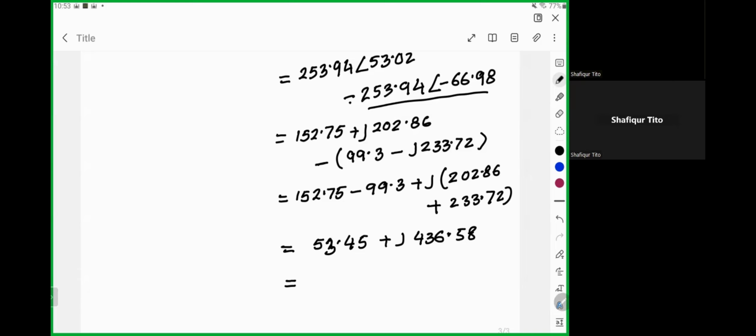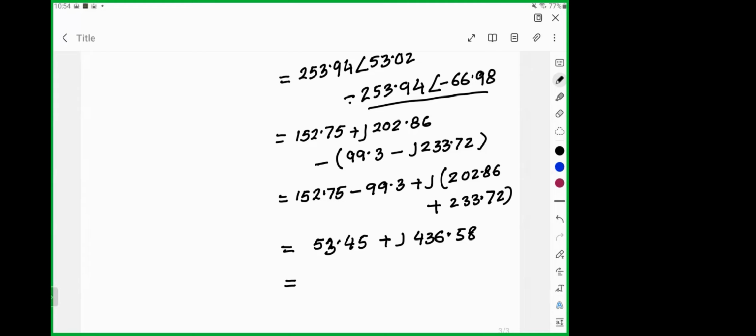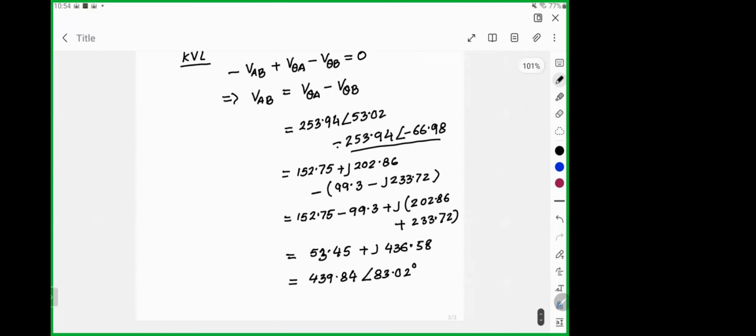What would be the value of the polar form? 439.84 at an angle of 83.02 degrees. Okay, so this is my VAB.